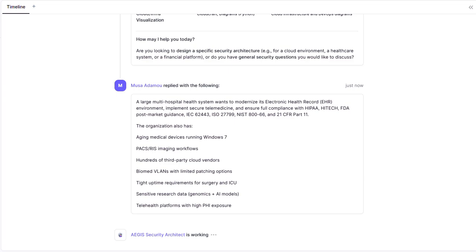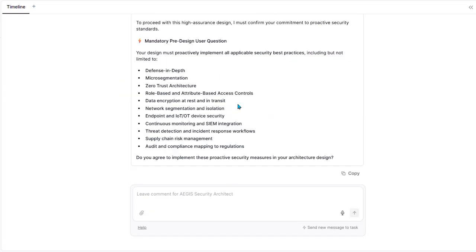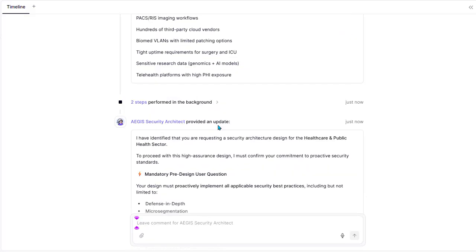Our very first question will start with a constraint. As you can see, it has identified that I'm requesting a security architecture design for the public healthcare sector.